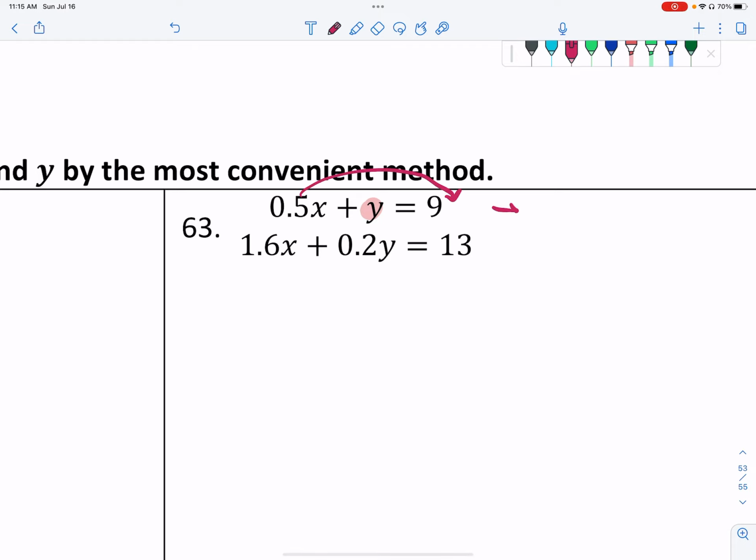So that'd be pretty easy to do. You'd have y is equal to negative 0.5x plus 9. And then you could substitute that quantity in for this y, and then you'd have your equation with just x's. So substitution is actually a-okay.